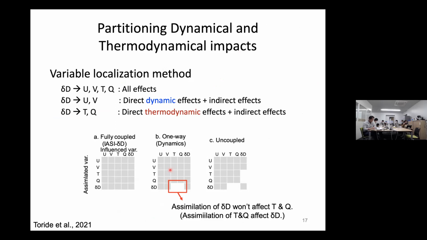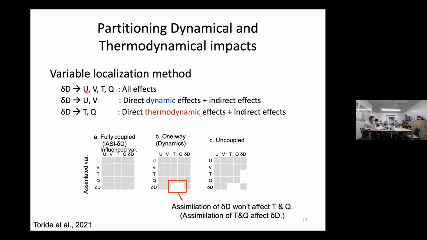So we investigated how this isotopic information influenced the meteorological variables. We separate it into two. One is dynamical information, and the other is thermodynamical information. Dynamical means wind speeds, basically, and thermodynamical means temperature and humidity.